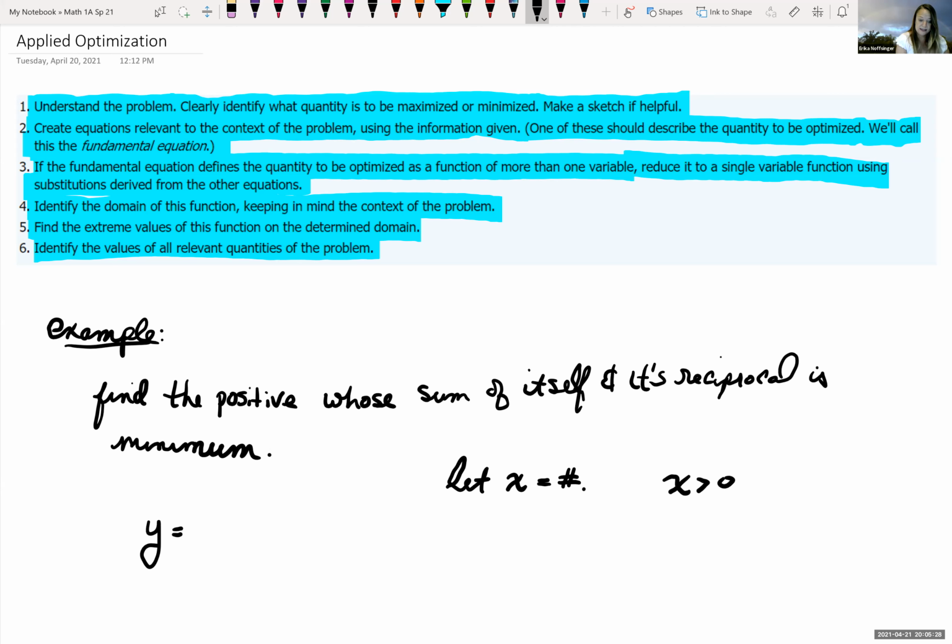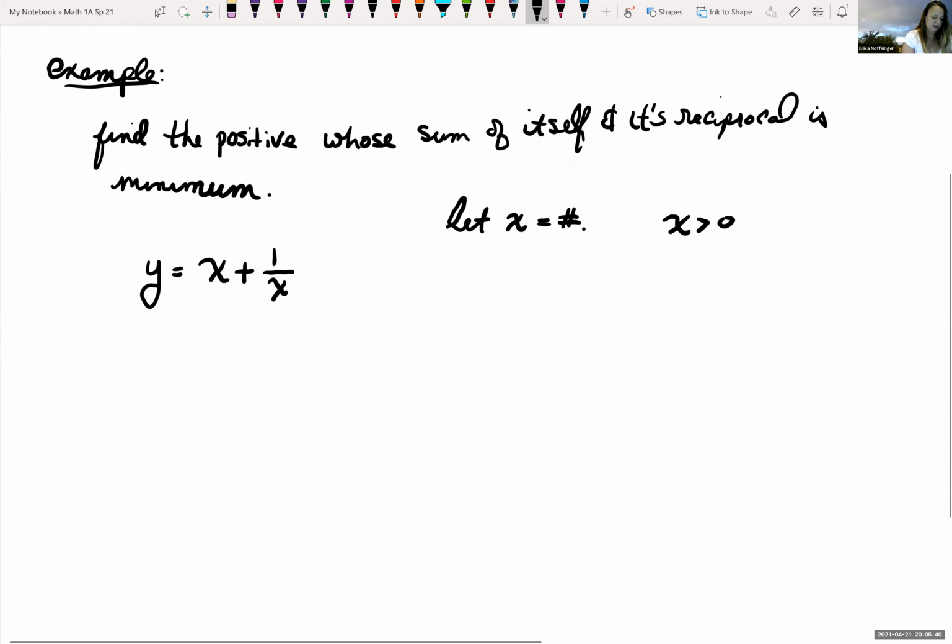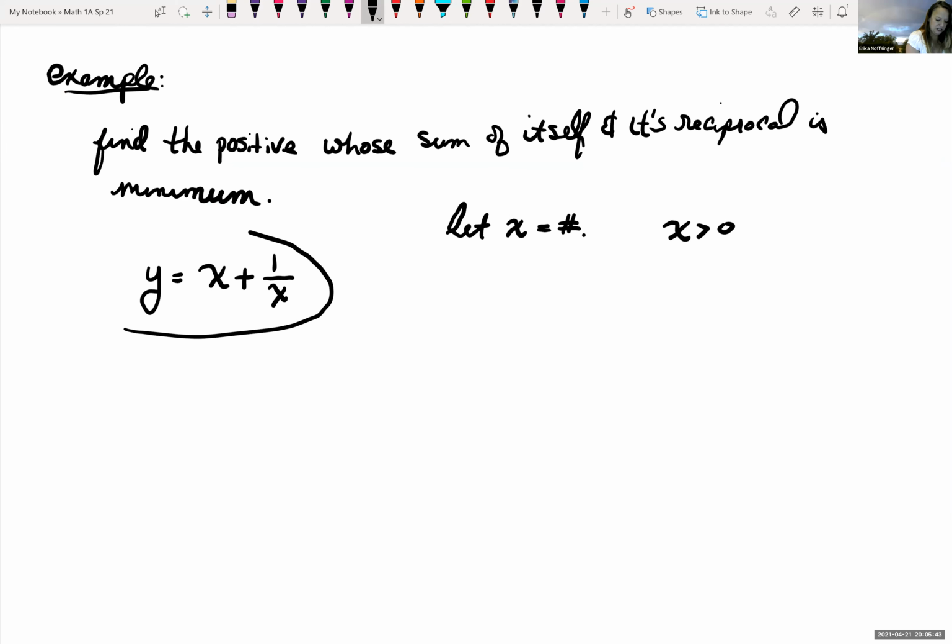And we're minimizing the sum. So if we take x plus the reciprocal of x, which is 1 over x, we want to minimize this. So this is our fundamental equation. And we know our constraint is x is greater than 0. It's a positive number.